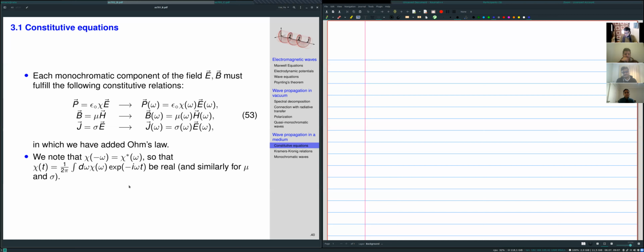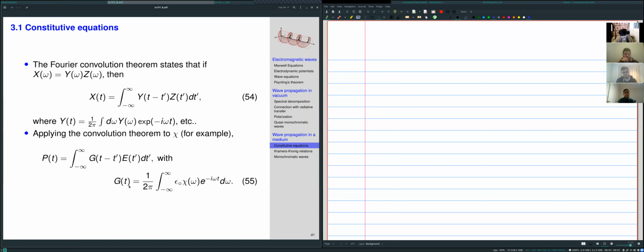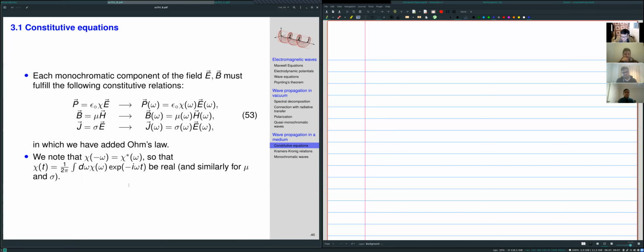The other thing to note is that we have the convolution theorem. So let me write down the example here. We're using the susceptibility as an example, the electric susceptibility.